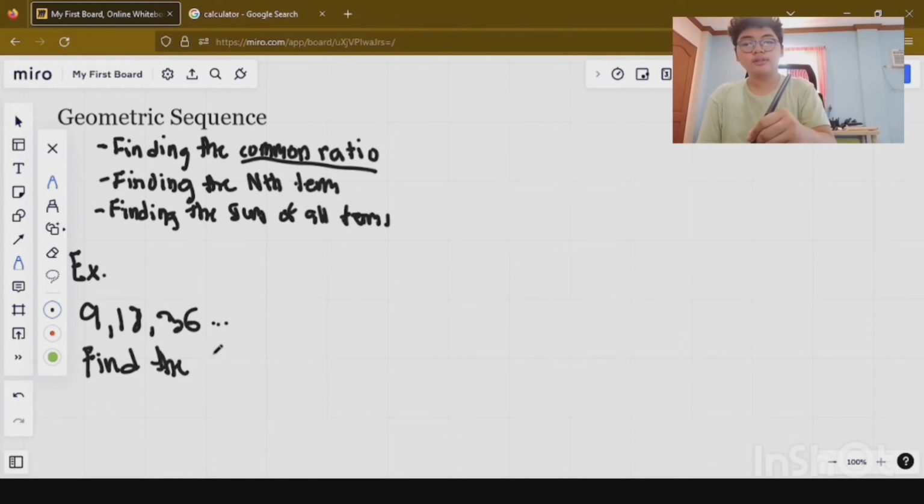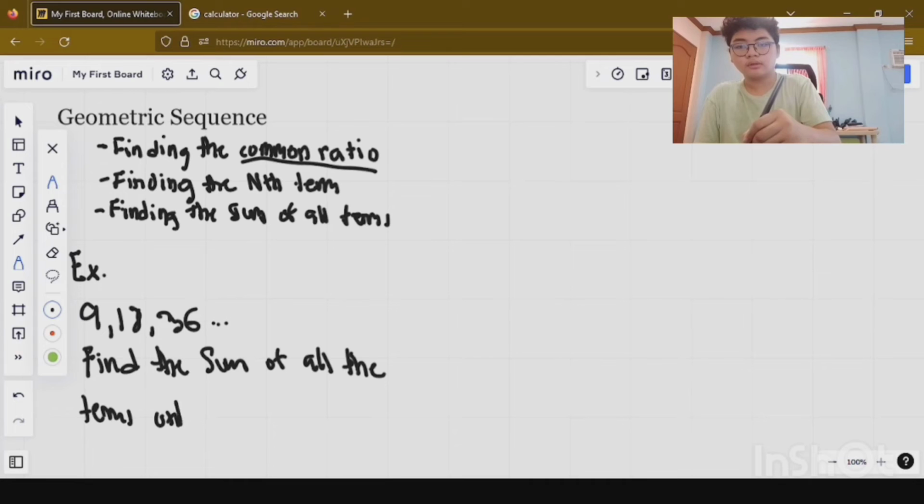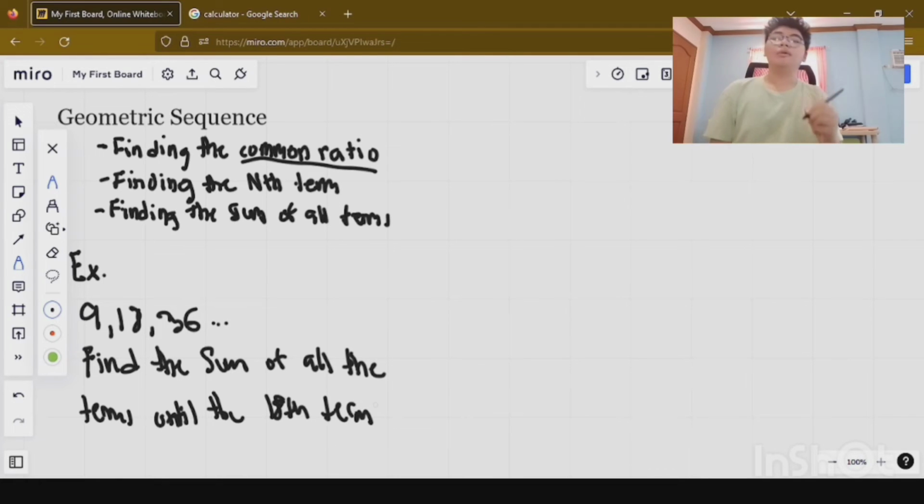How about find the sum of all terms until the 18th term.